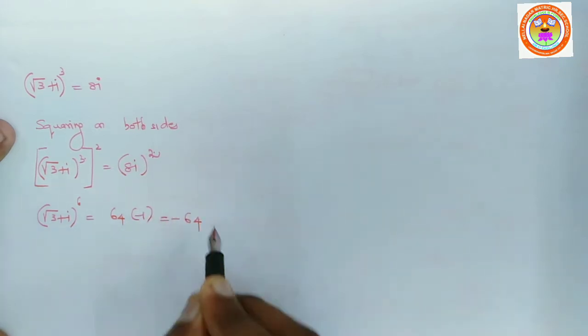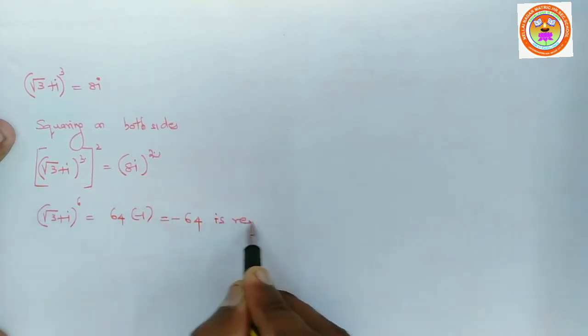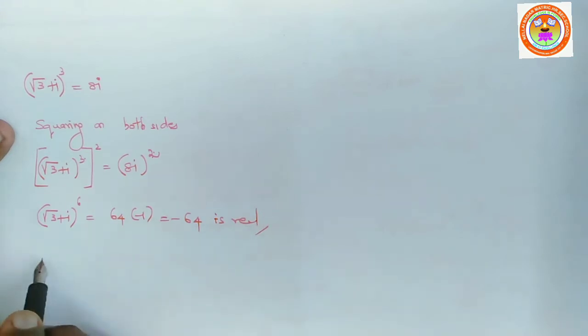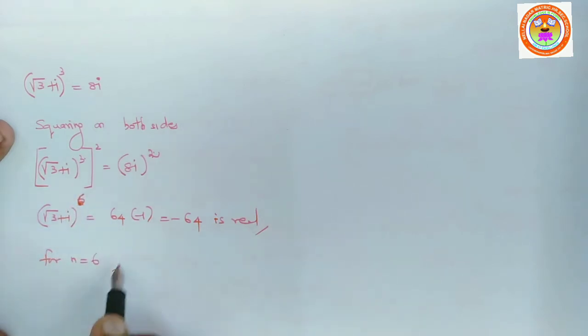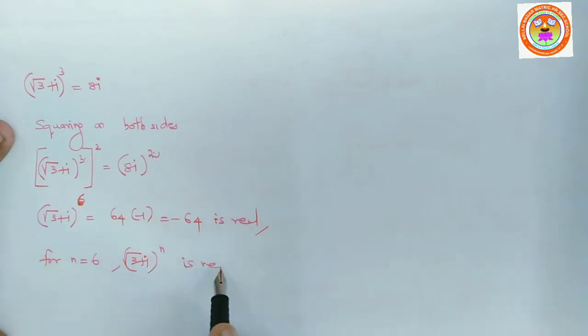Nothing but minus 64, which is real. I got a real value. So for n equal to 6, (root 3 plus i) whole power n is real. With this we can finish our sum.